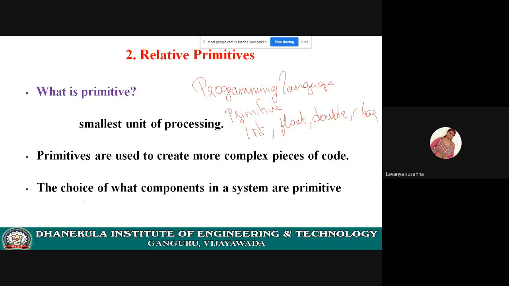If you are developing a complex system, first you need to develop a simple system, and then you add some features to that. It will become somewhat complex. Again, you add some features, and it becomes a more complex system. In this way, you will develop a complex system. I hope you understood the primitives.